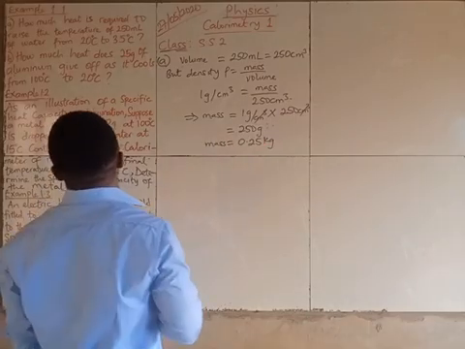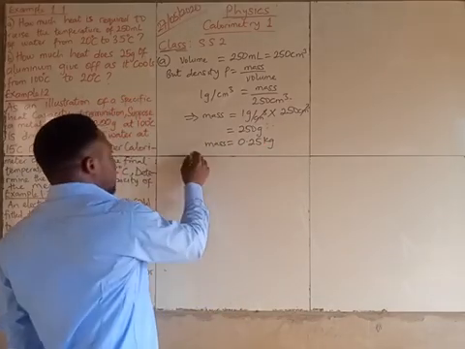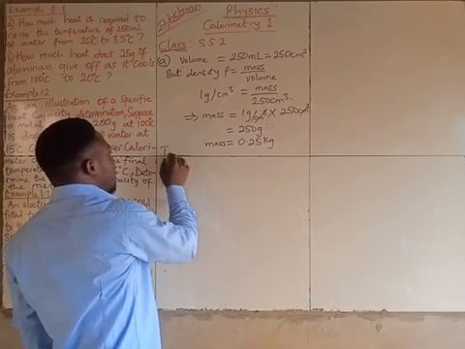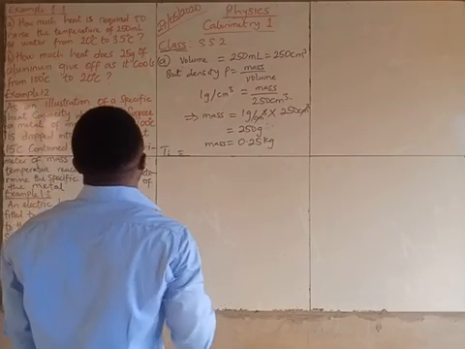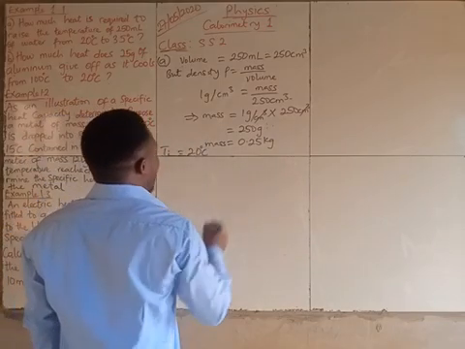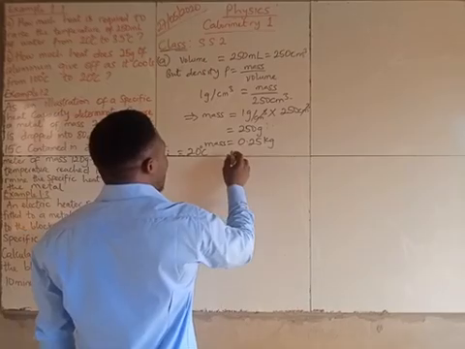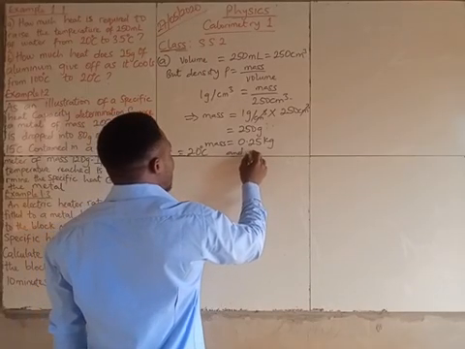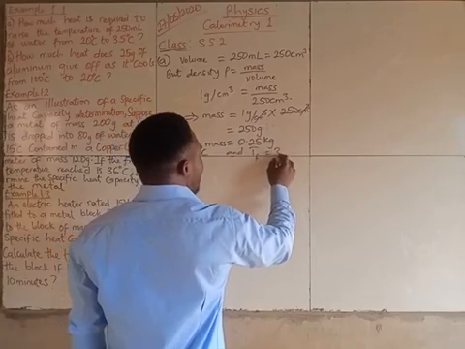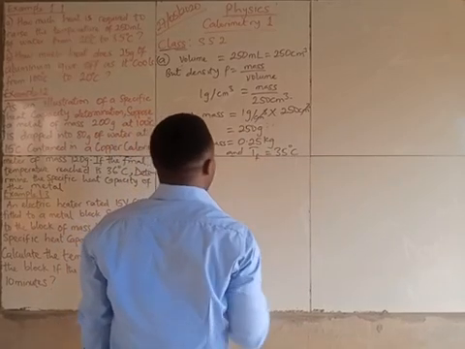And we are given the temperature of water. T of water defines the initial temperature of water, which was given to be 20, and this water was heated, and the temperature raised to 35 degrees Celsius. That is T final. The final temperature is 35 degrees Celsius.